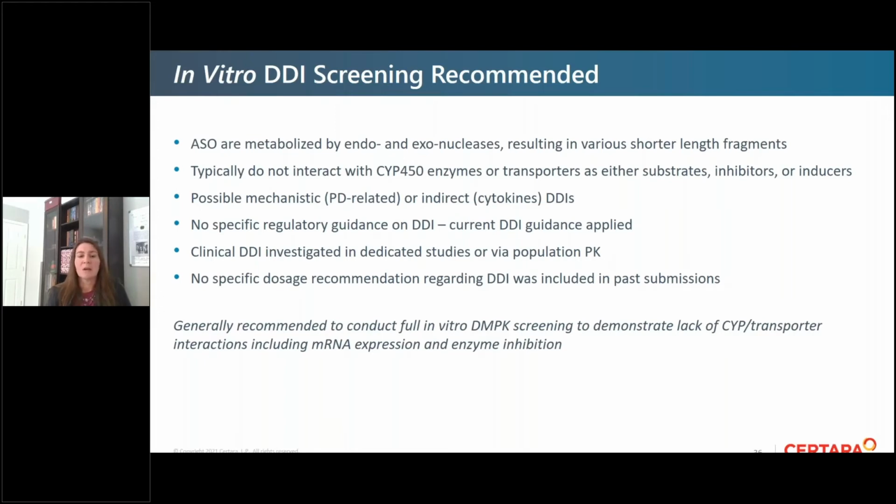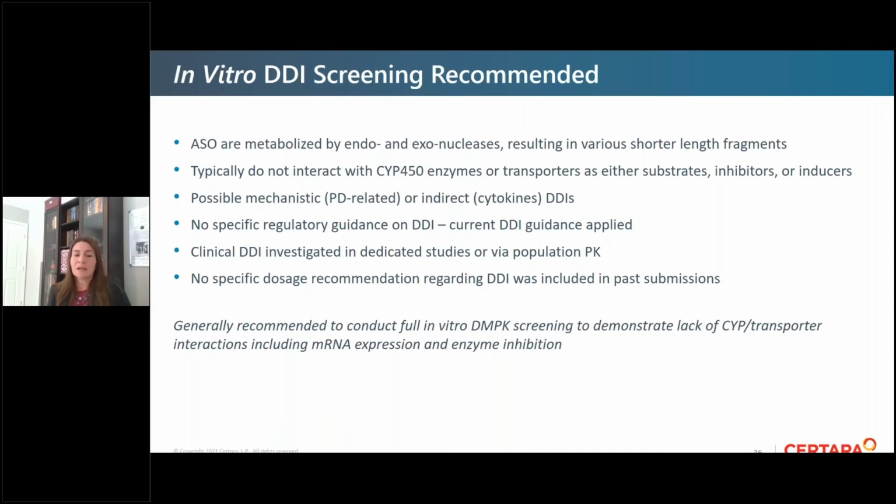So you need to look at it case by case and make the case whether you need to run a DDI study or not. There is no specific regulatory guidance on DDI, so the examples are shown next. It's essentially applying the current DDI guidance to decide whether a clinical DDI study is needed or not.